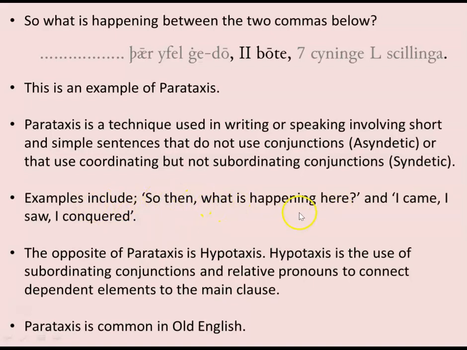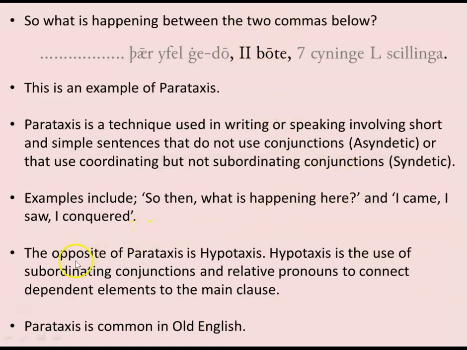So we still use it in modern English, but it was more common in Old English than it is in modern. And I came, I saw, I conquered, Julius Caesar. Notice here just I came, comma, I saw, comma, I conquered. It doesn't say I came and I saw and I conquered. Just no conjunctions whatsoever, just commas. But there's still a subordinate clause in effect.